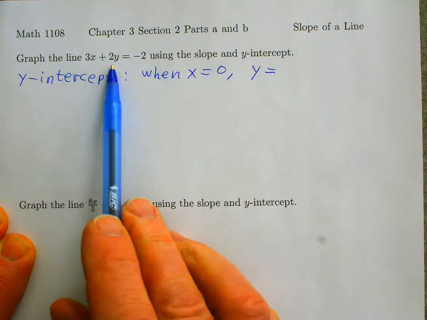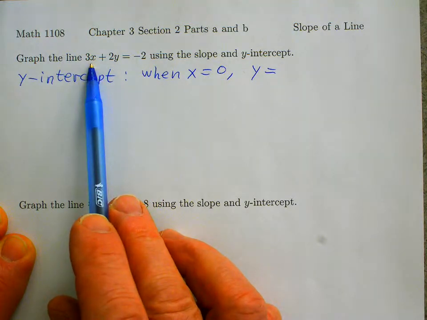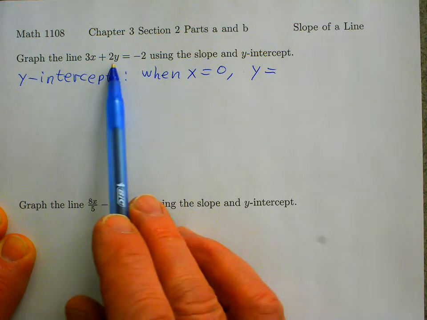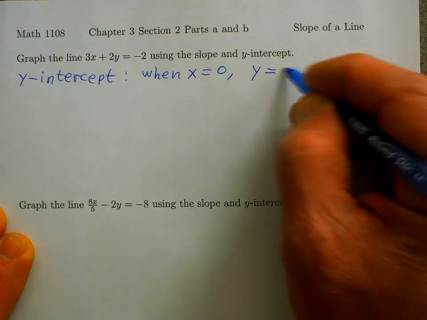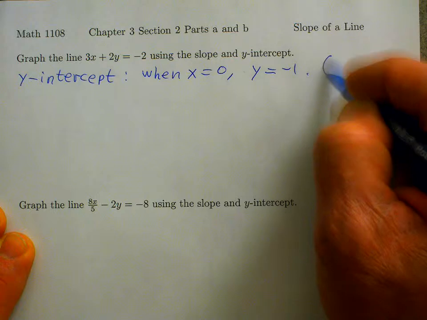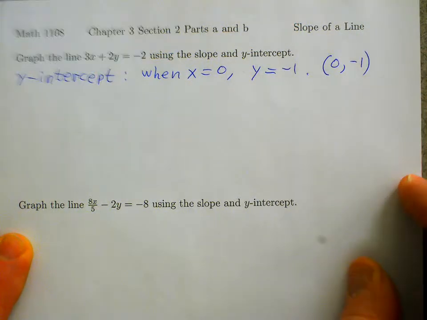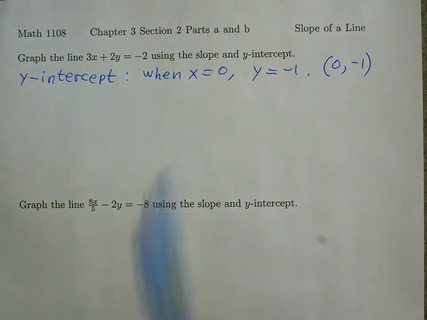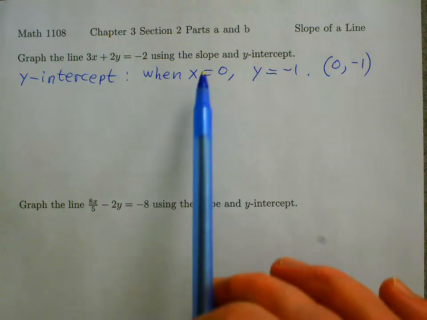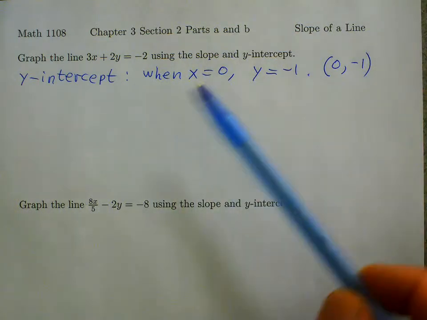All right, when x is 0, we can solve for y. When x is 0, we get 0 plus 2y equals -2, or 2y equals -2, so y equals -1. And the y-intercept is the ordered pair 0, -1. Okay. Well, if we follow the directions as given, we need to find the slope.